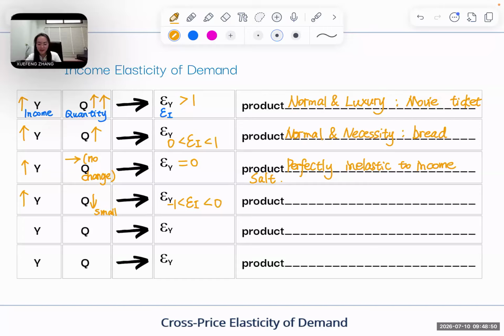Since the sign is negative, that means it's inferior, but mildly. Example, instant noodles.